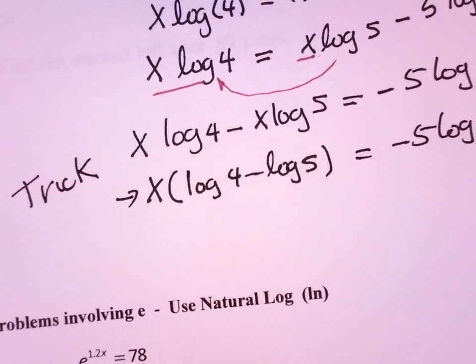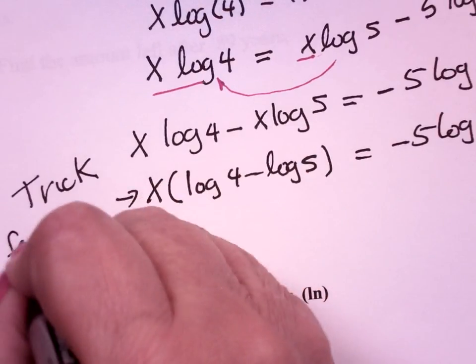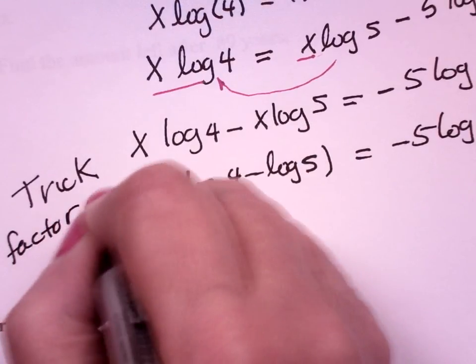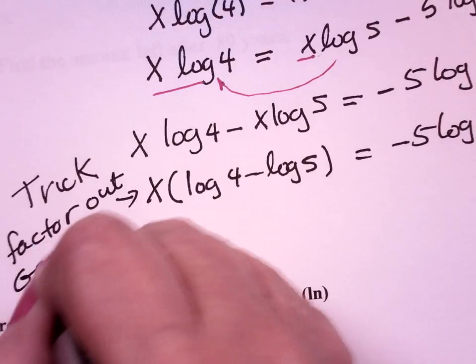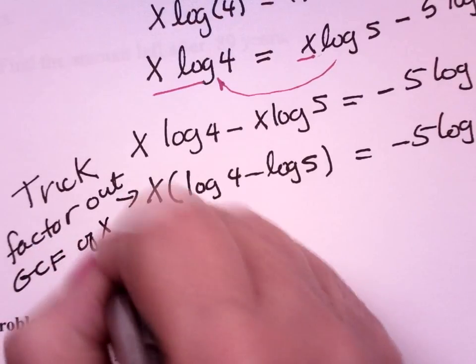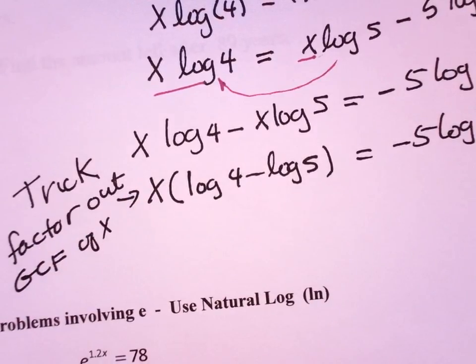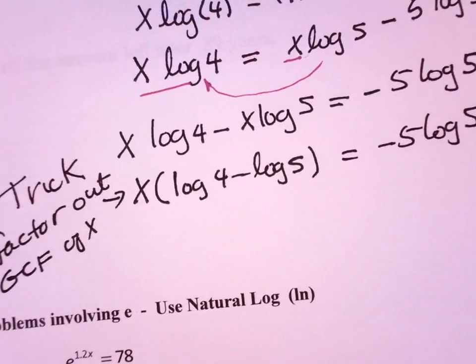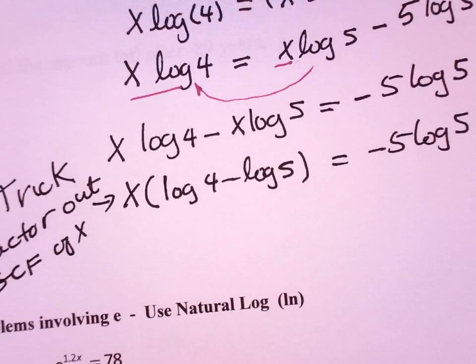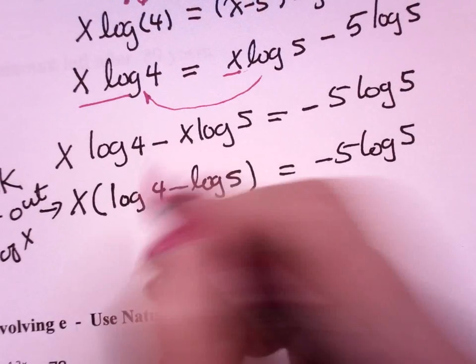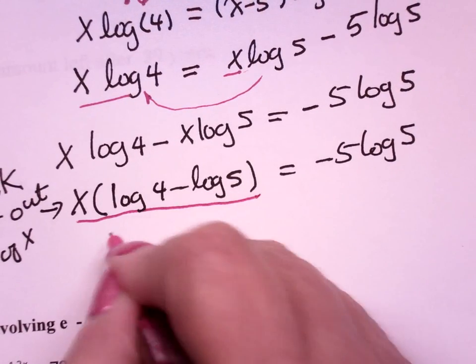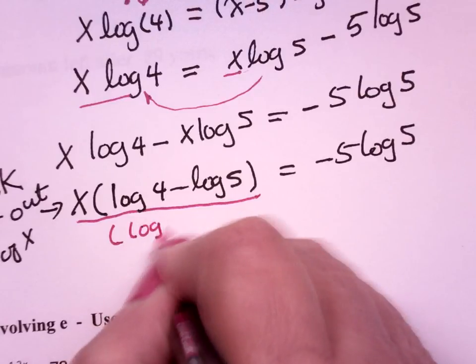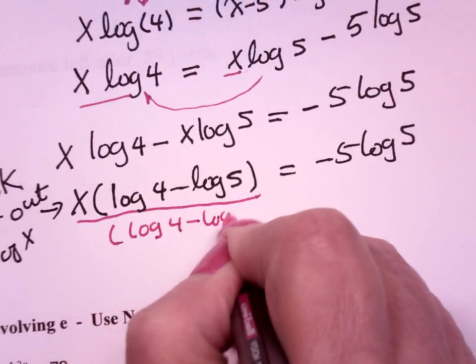You'll run into this many times in college algebra. Factor out the GCF of x. So that's a trick. Log of 4 and log of 5 are numbers, so now I just divide both sides by log of 4 minus log of 5.